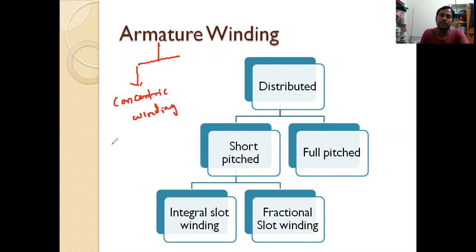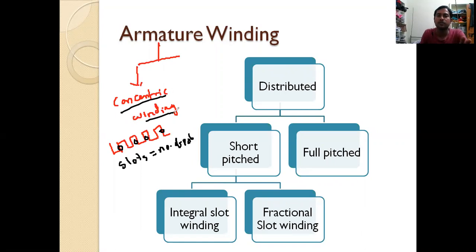In this case, if you take these as the slots, the winding should be placed inside the slots, and the number of slots is equal to the number of poles. Such a winding procedure is called concentric winding, and I will explain it in depth later. This is just a brief introduction to the concentric winding.